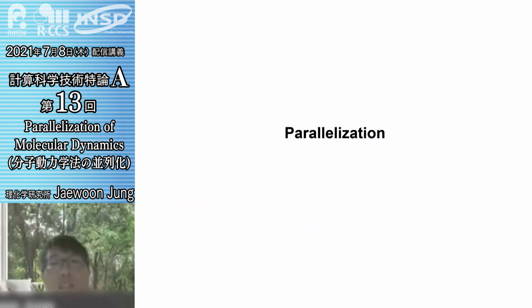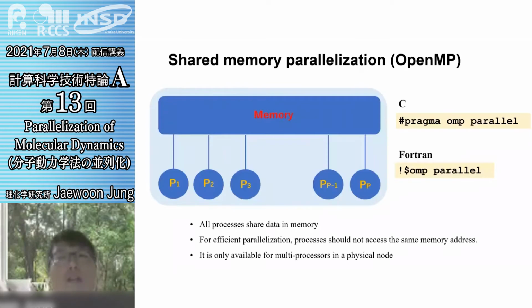And next, I will go into the parallelization. This is parallelization in general. I think most of you are familiar with parallelization, so I will just briefly explain. Here, you can consider shared memory parallelization. One example of shared memory parallelization is OpenMP.